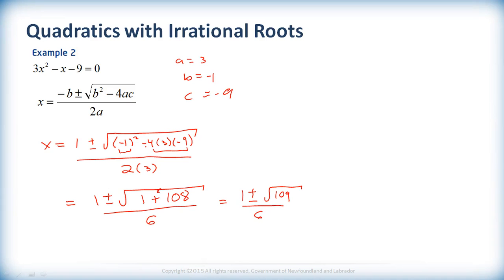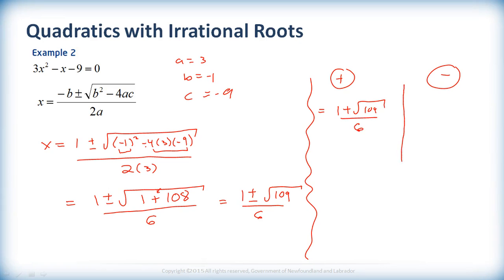Now 109 is not a perfect square. So there are lots of things you could do to simplify that and keep exact values, but for this course, all we're really concerned about is that you realize that we're going to have to get two answers, one for adding and one for subtracting. So if we add them, we've got 1 plus root 109, all divided by 6, and we take 1 minus root 109 and divide by 6.